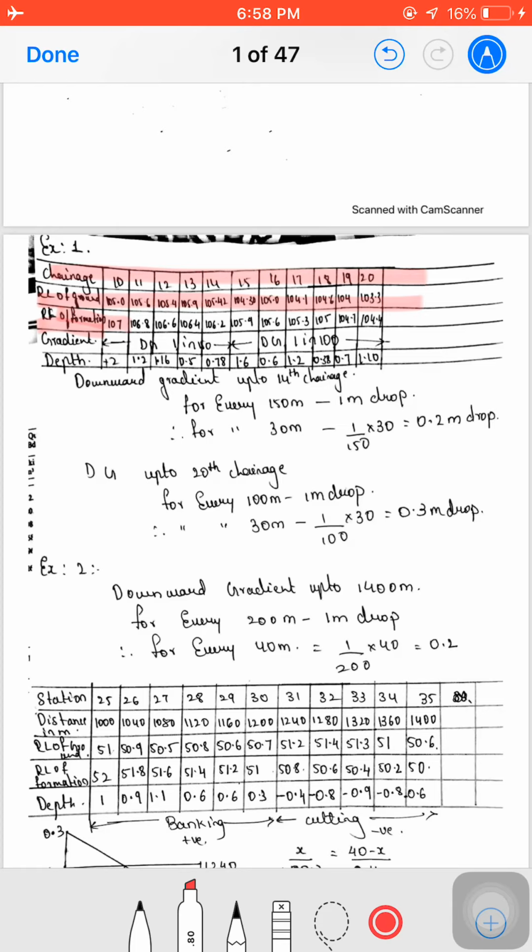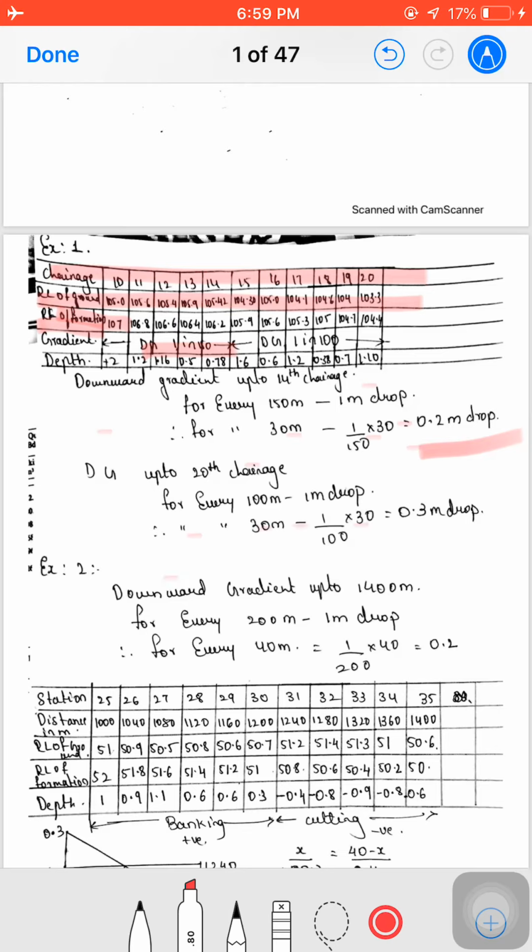Then for downward gradient up to 14th chainage, it is 1 in 150. So for every 150 meter, 1 meter drop. For every 30 meter, it will be 1 by 150 into 30, 0.2 meter drop, which you have to subtract from the RL of formation. Then downward gradient up to 20th chainage, for every 100 meter, it is 1 meter drop.